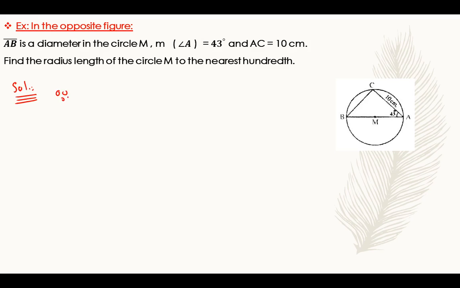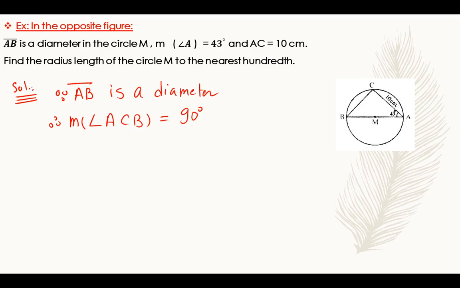Since AB is a diameter, therefore measure of angle ACB will be equal to 90 degrees. Here AB is a diameter, and ACB is an inscribed angle drawn in a semicircle.